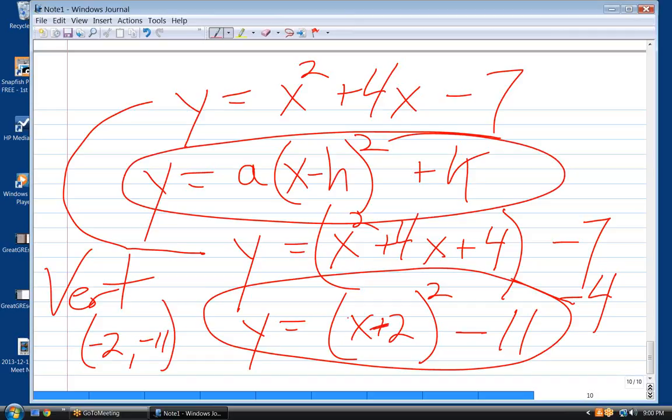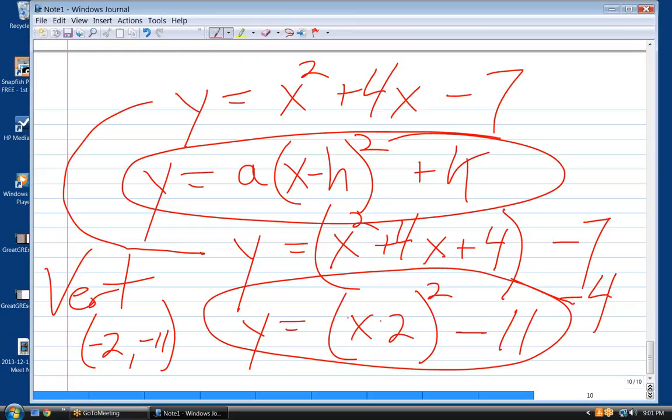So had I had x minus 2, h would have been a positive 2. But since I had x plus 2, h has to be negative 2. You see why? X minus a minus 2 would give you x plus 2. It's an important point.